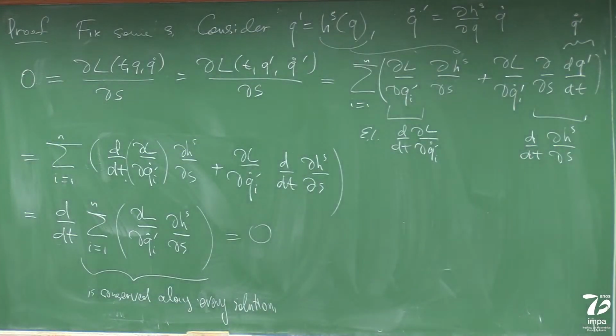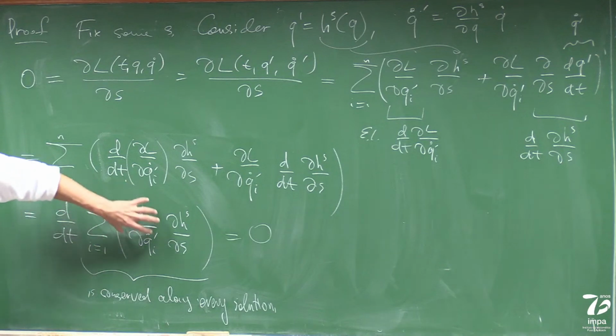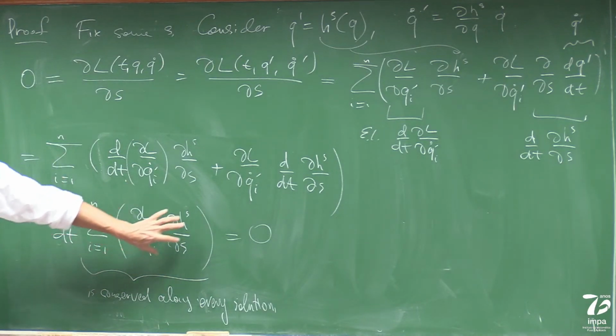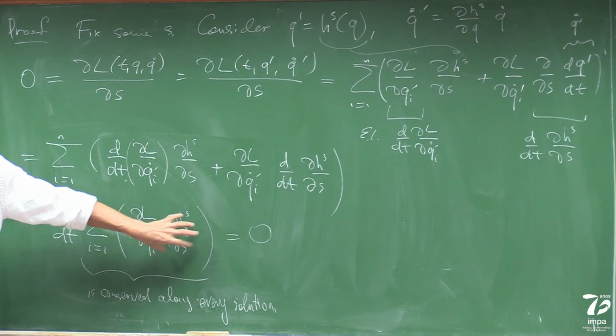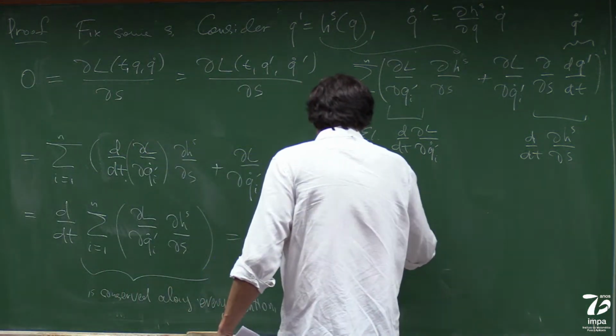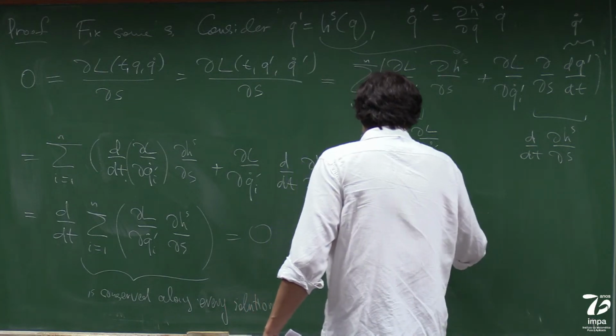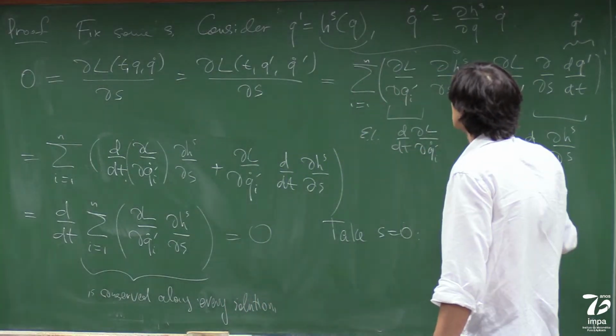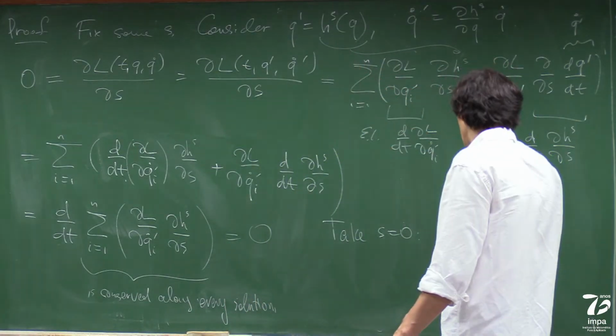But this expression is slightly weird because the first term is written in terms of prime variables, and the second term is in original variables. So how we go back to single variables is by putting s to be 0. When s is 0, then the transformation is trivial.